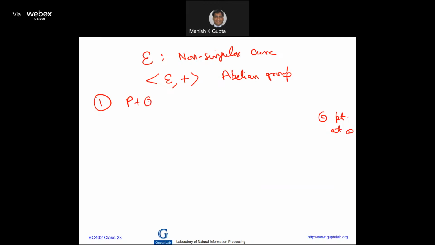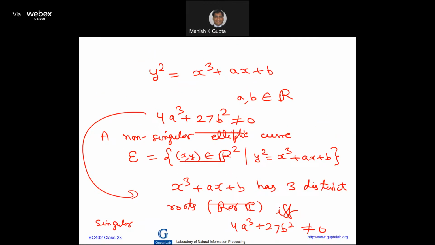Without giving much detail, I am just writing that this point is such that for every P in E, P plus O is equal to O plus P is equal to P. Second, if I take 2 points P and Q in E, you know what this set is, right? E is the collection of these points, right? E is this set.